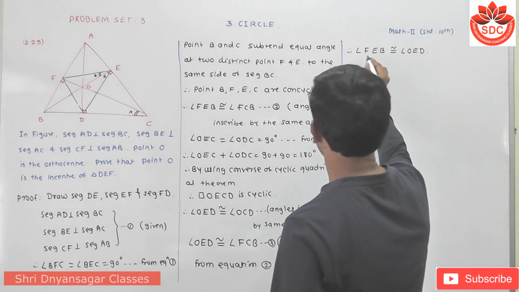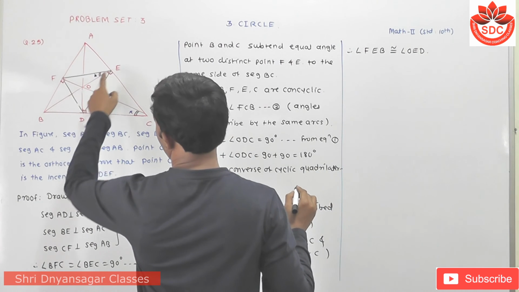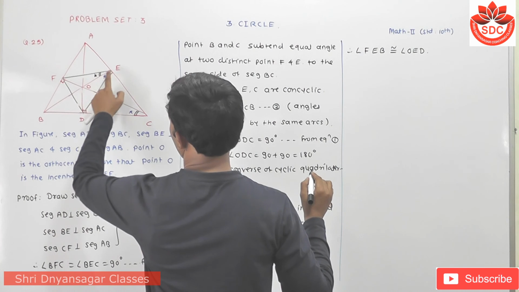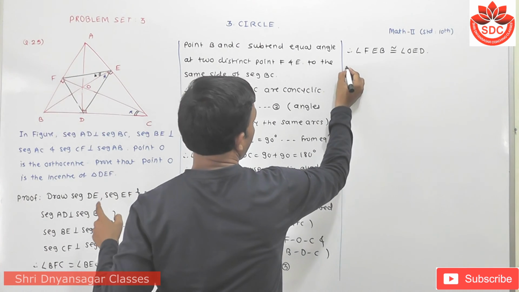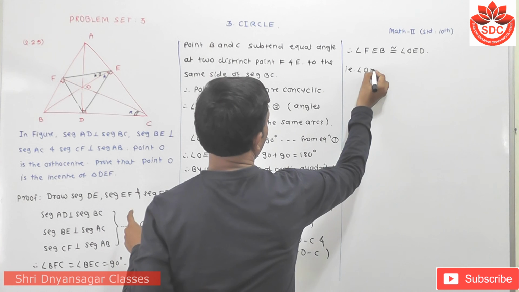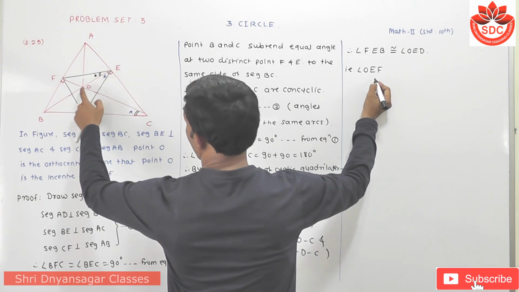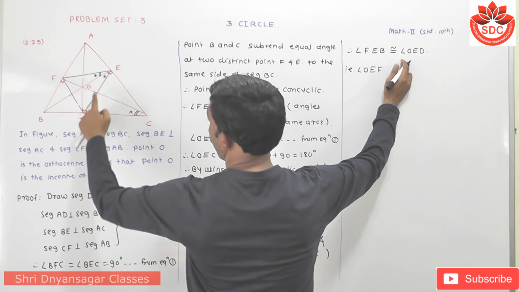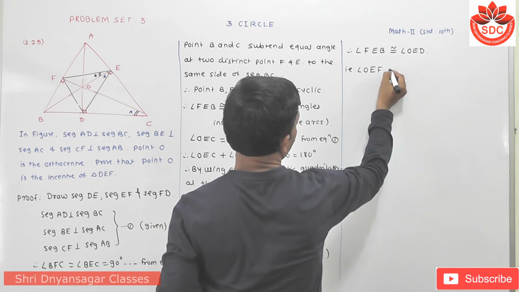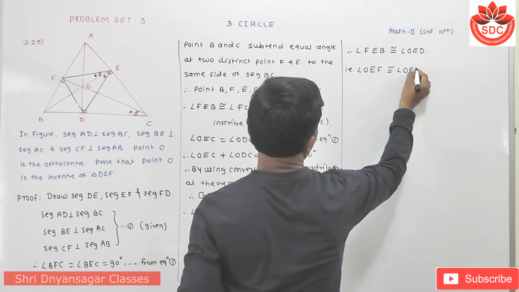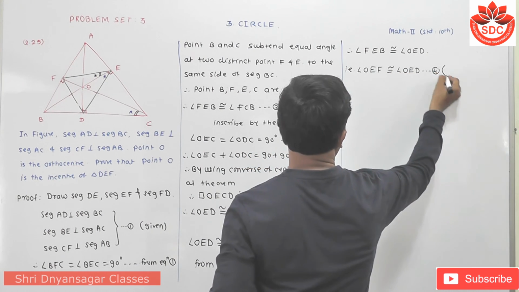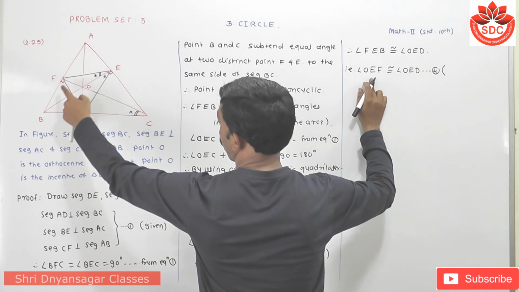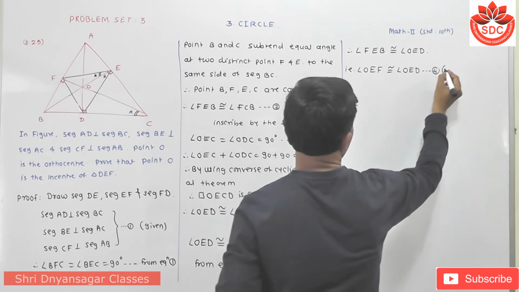Then I have to write this angle FEB such that angle OEF. Look here, OEF is this angle, and it is congruent with angle OED. Let this be equation number 4, and the reason is that OEF is B, O, E.